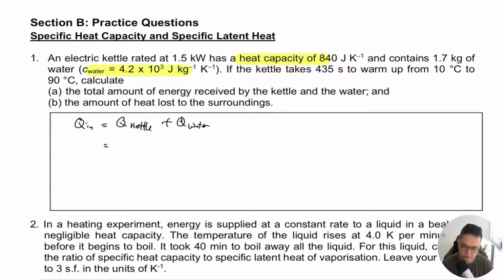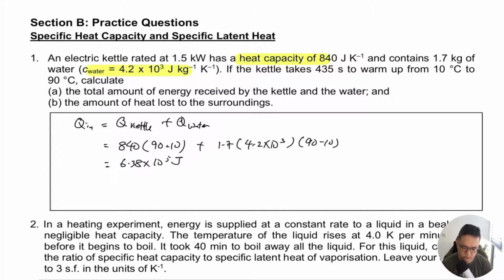Q supplied to the kettle: you just need to take the heat capacity, 840, multiplied by the change in temperature, 90 minus 10, plus the mass of the water, which is 1.7 kg, times the specific heat capacity of water, which is 4.2 times 10 to the power 3, times 90 minus 10 again. Your final answer is 6.38 times 10 to the power 5 joules.